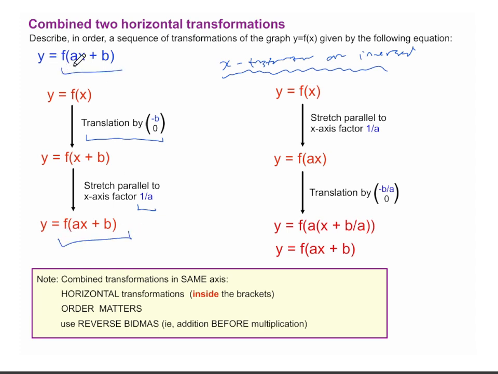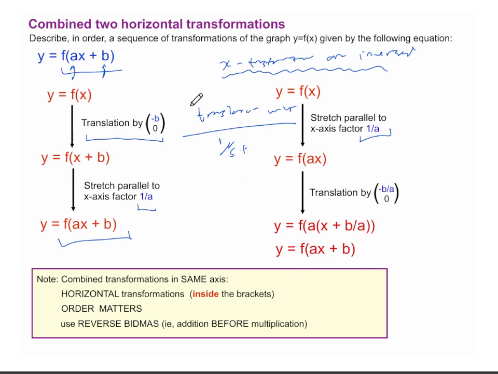This is, by the way, a stretch in the x direction and a translation in the x direction as well. While if you want to do it the other way around, you would start off by applying your stretch. Then again, you would go with your translation unit, obviously negative in this case because it's in the x direction, over 1 over the scale factor, which you used to multiply before that.